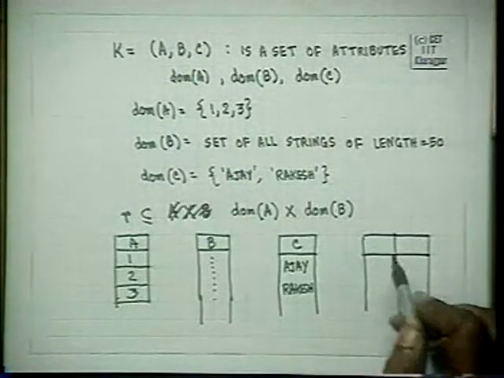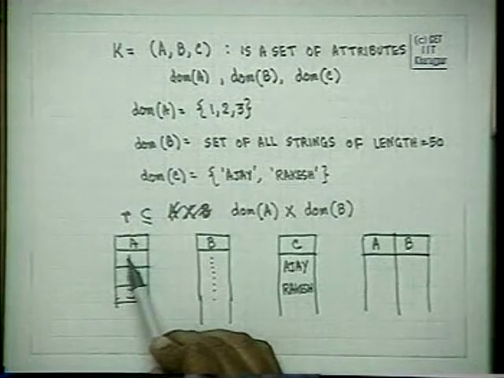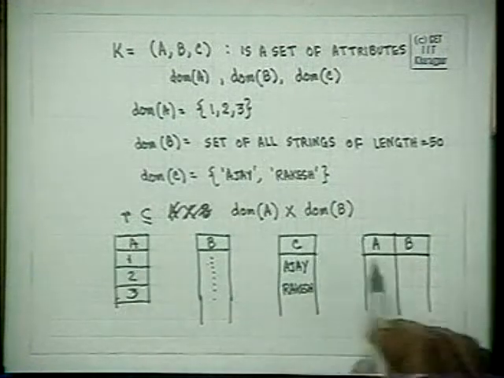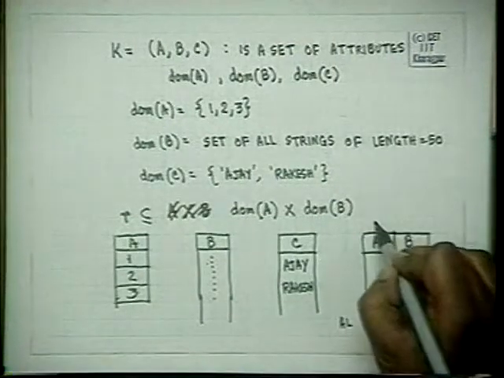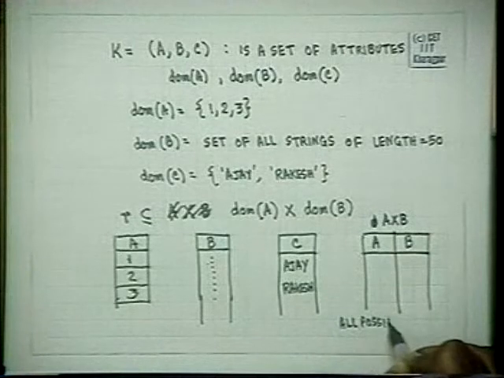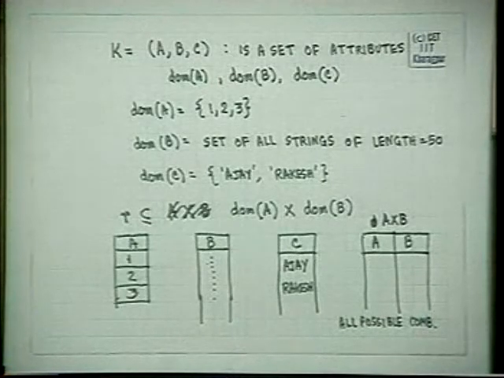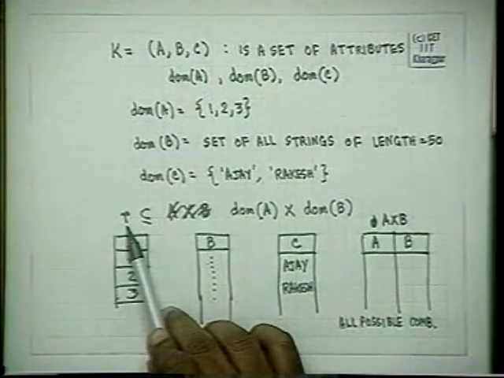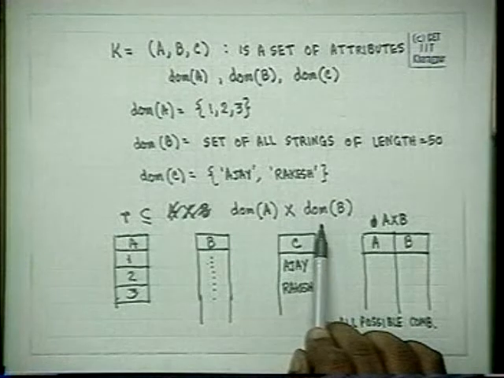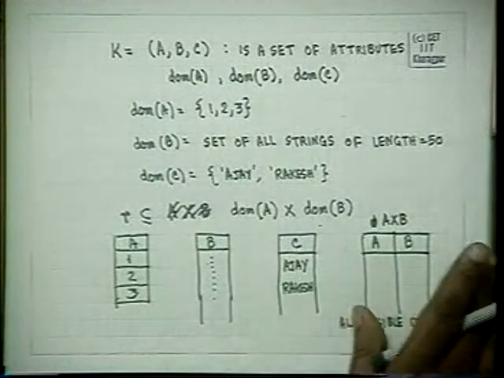Dom A cross dom B will have attributes A and B, and here we will have all possible combinations of elements of A and elements of B. Now a relation will be defined to be some subset of dom A cross dom B. It is not all the elements, but a subset of dom A cross dom B.